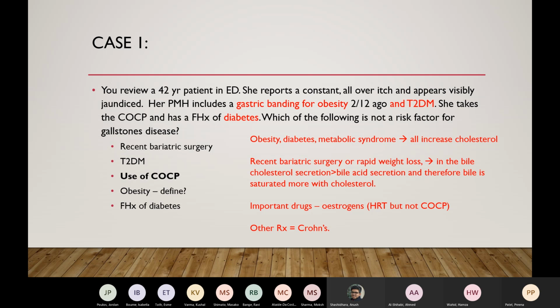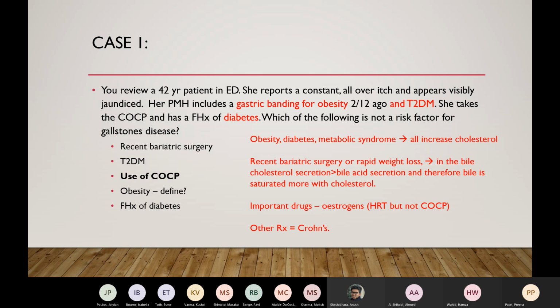So if we go back, gallstones are basically, if you get enough saturation of your bile, it will crystallize. And your bile is made up of your bile acids and your bilirubin. And your bile acids, if we remember, are made from cholesterol. So anything that ups your cholesterol, obesity, diabetes, metabolic syndrome, all of that predisposes you to gallstones.